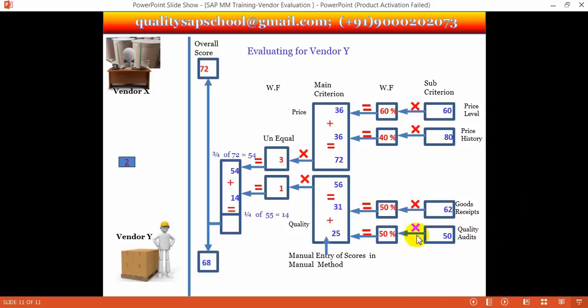There is no requirement of assigning or calculating anything for sub criteria. So directly when we have given, it will calculate with the weightage it is given and directly assign it. This method we call manual entry. That means there is no need of considering any kind of sub criteria.